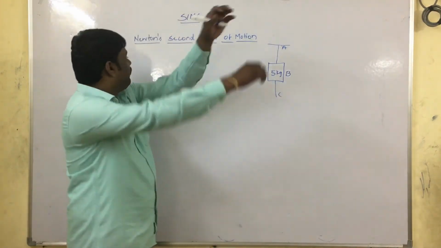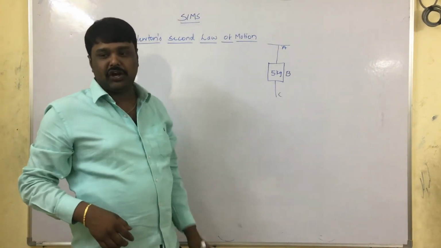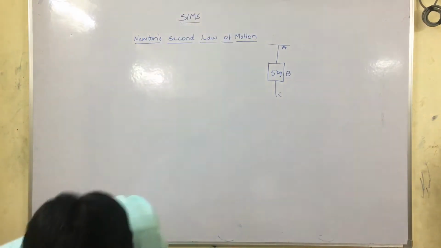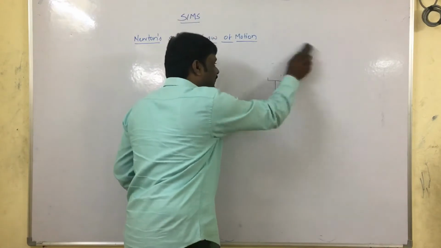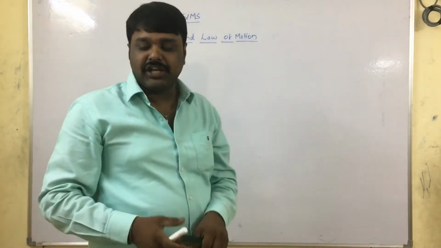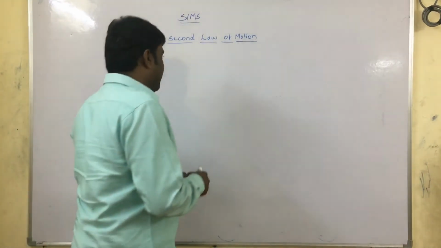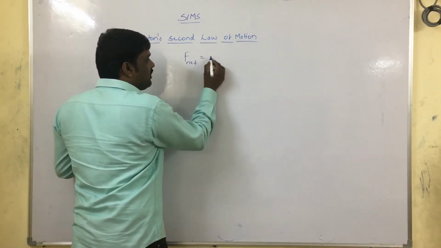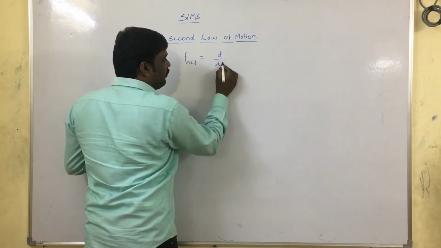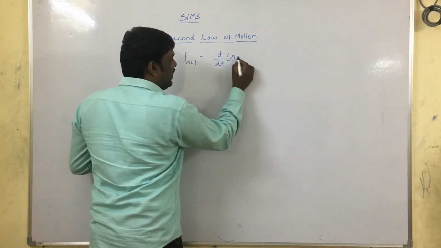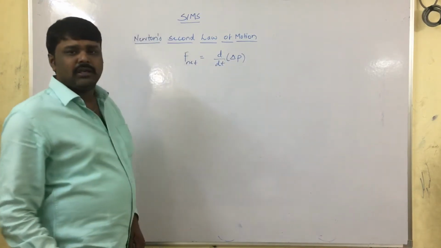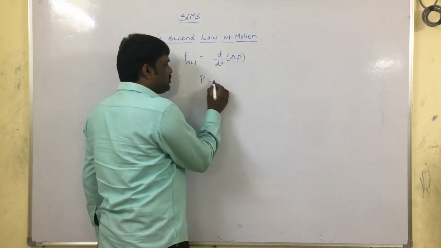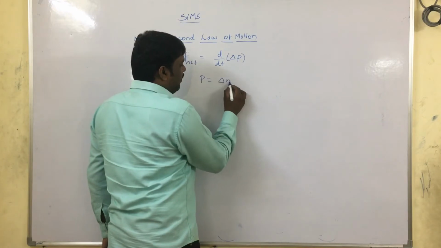Now, let us go on to the discussion regarding Newton's second law of motion. Newton's second law of motion is defined in terms of the rate of change of linear momentum. The net force acting on an object is equal to the rate of change of linear momentum, that is dP. Generally, we say linear momentum P equals mv.